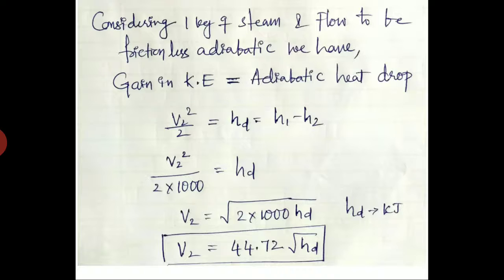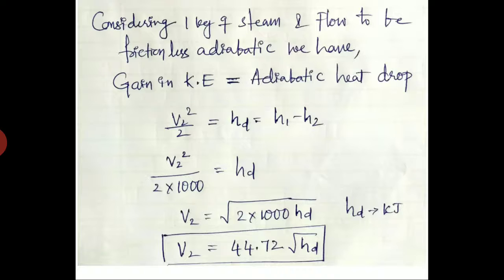The equation can be written like this: V2 square divided by 2 into 1000 is equal to HD. Why did I write 1000? Because the units are not matching here. If you see the left hand side, V2 is in meters per second.